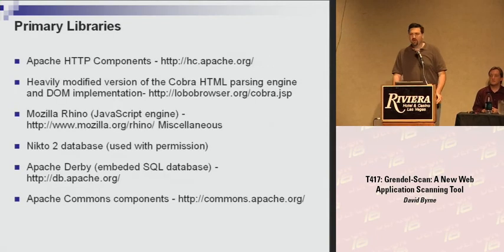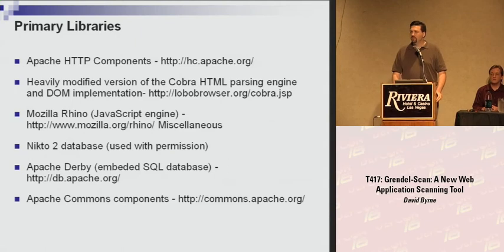One of the advantages of making Grendel open source is that there's a lot of libraries that become available that for a commercial product would have to be either written from scratch or purchased as some part of the toolkit. So just to mention a few by name that were particularly helpful, the Apache HTTP Components library is, in my opinion, the best Java HTTP library out there. Lobo is an all-Java web browser.